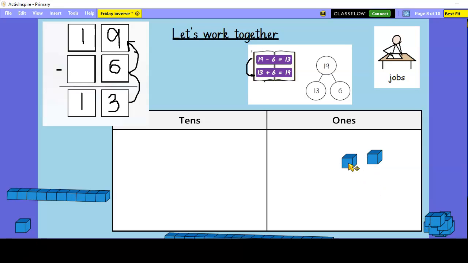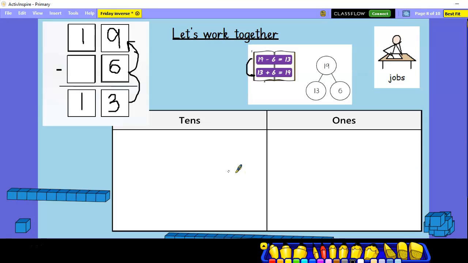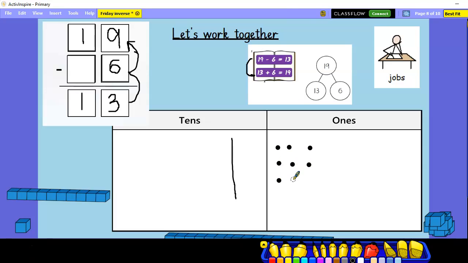So I'm going to show you maybe a bit of both. Let's see, so I've got 13 is 10 and 1, 2, 3 ones. And I'm going to add back on 6 ones. 1, 2, 3, 4, 5, 6.